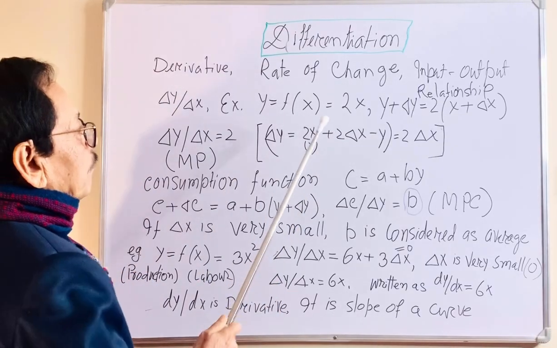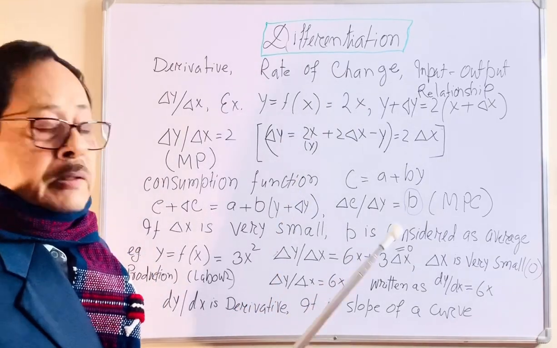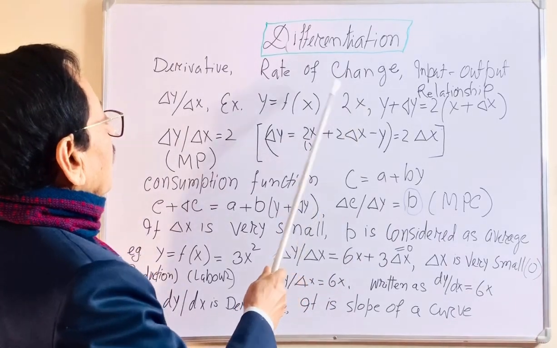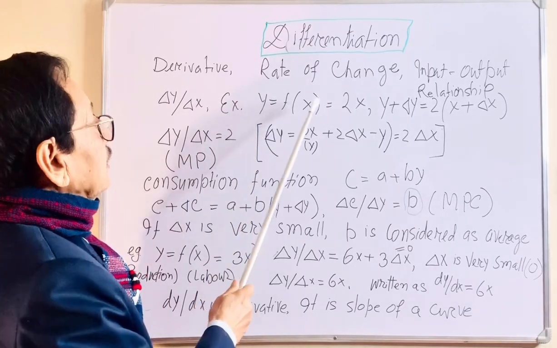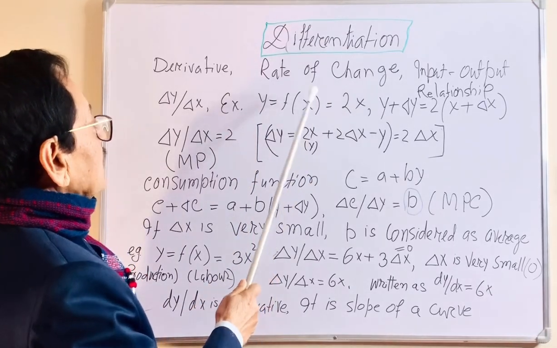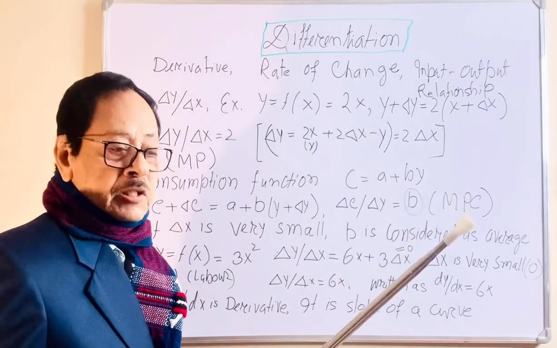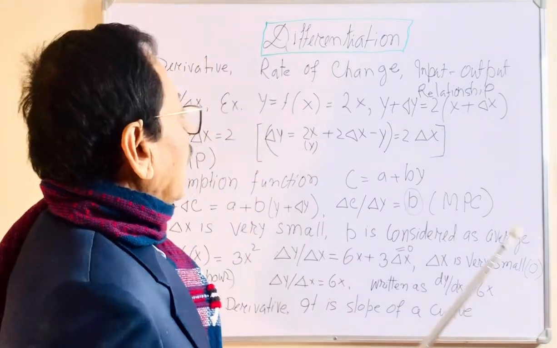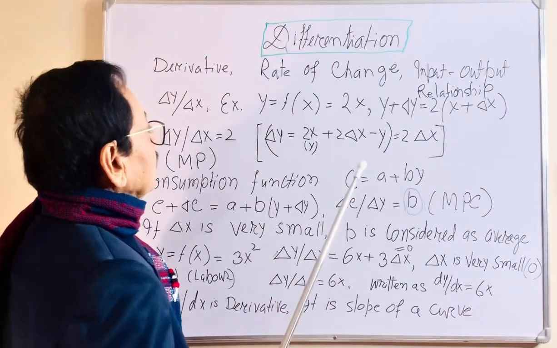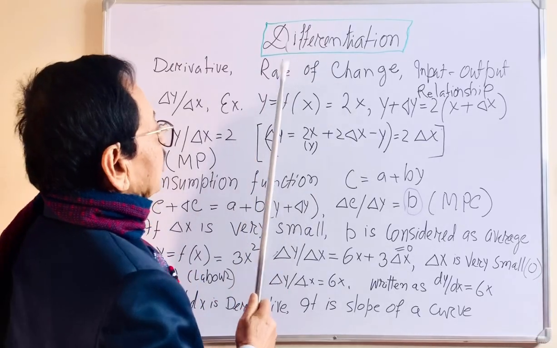That means for 1 unit use of x, the input, the production y increases twice. That means production is double. So there is a certain relationship of input and output. If we put a little of x, then output becomes double.